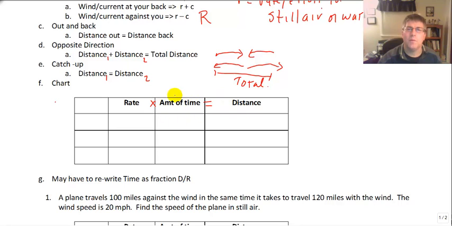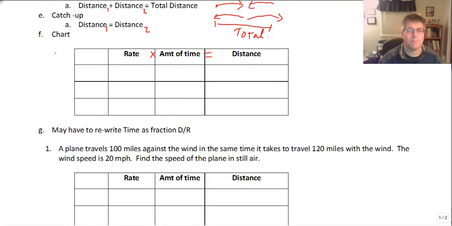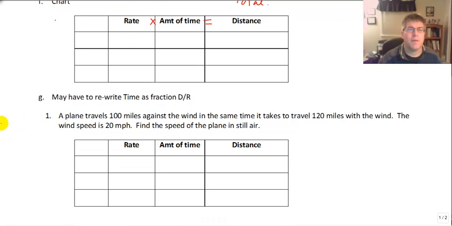Now we may be rewriting some of this, but rate times time equals distance. We're going to multiply across, and we are probably going to add down, or we'll set one distance equal to another distance, or maybe even one time equal to another time. I think that's what we're going to see here in these next few problems. Okay? And again, we may have to rewrite time as a fraction, distance divided by rate. So, let's take a look at our first problem.